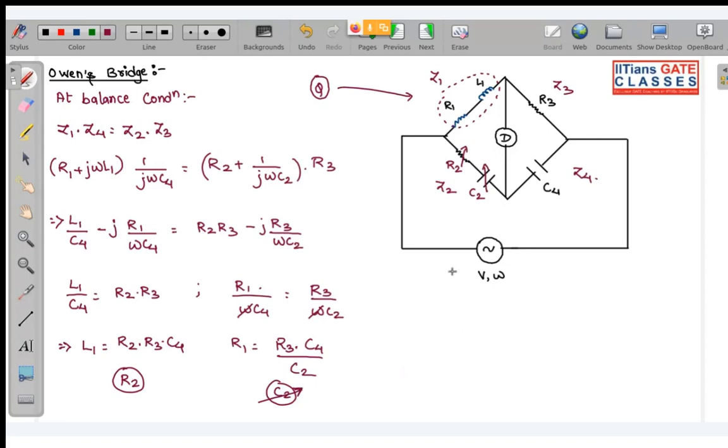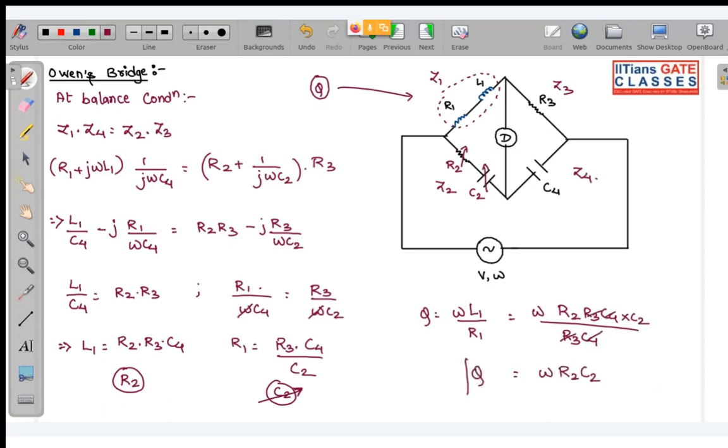Now if you want to calculate the quality factor, the quality factor of this coil is omega L1 by R1. So omega L1 I have calculated, that is R2 R3 C4, divided by R3 C4 divided by C2, that means multiply by C2. So R3 and C4 cancel. So this is omega R2 C2.